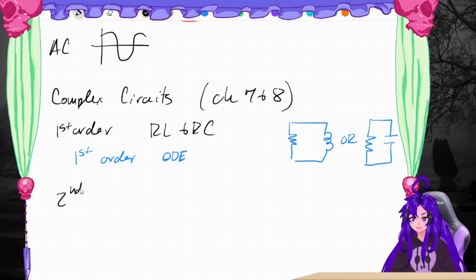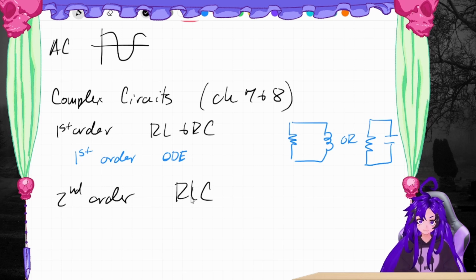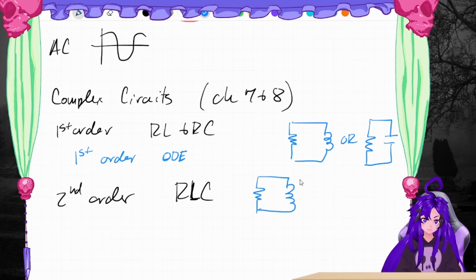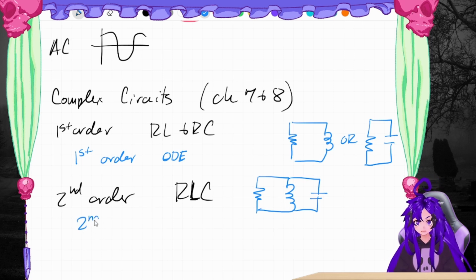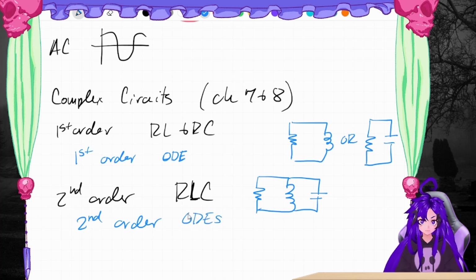Let me write out the second order too. Second order equations are RLC circuits, and those are the ones that have all three, or some combination. And these are second order ODEs, or ordinary differential equations.